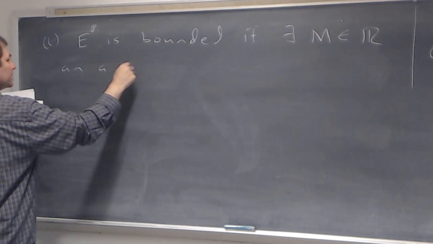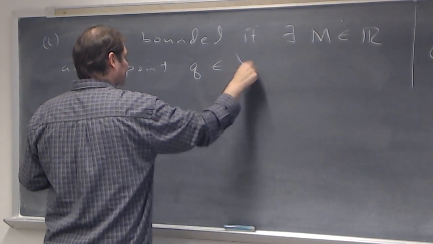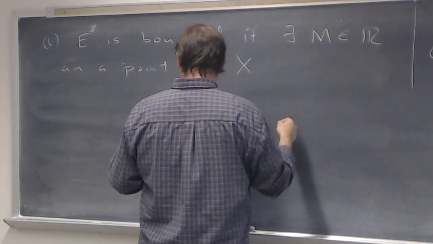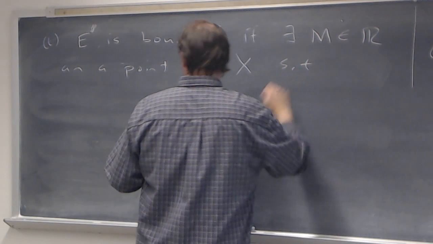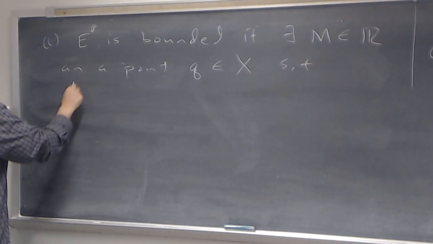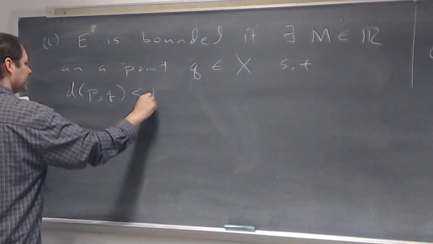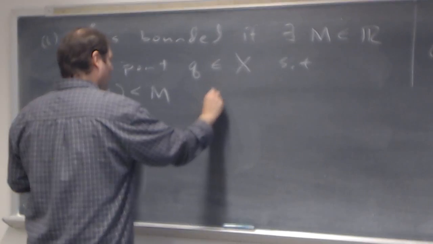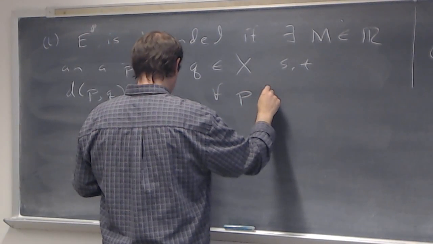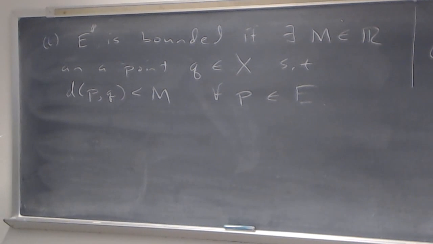And a point Q that's in X, our metric space, such that the distance between P and Q will be less than M for all P element of E. So that's what it means to be bounded.